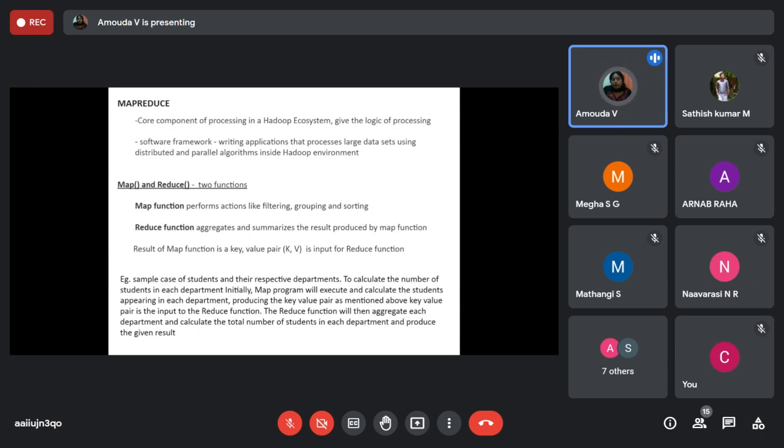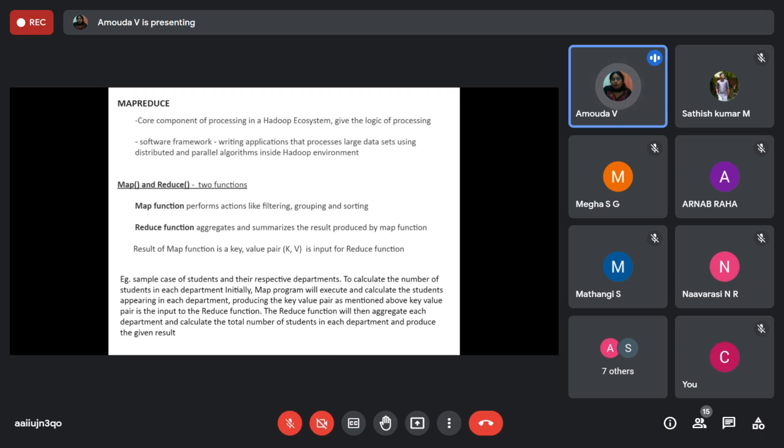MapReduce is used for filtering, grouping, and sorting. Actually, we are using this component for processing. It does parallel processing, actually using some algorithm. You should know how to use MapReduce. It also does processing, but in a different way. It uses a logic called key value pair.